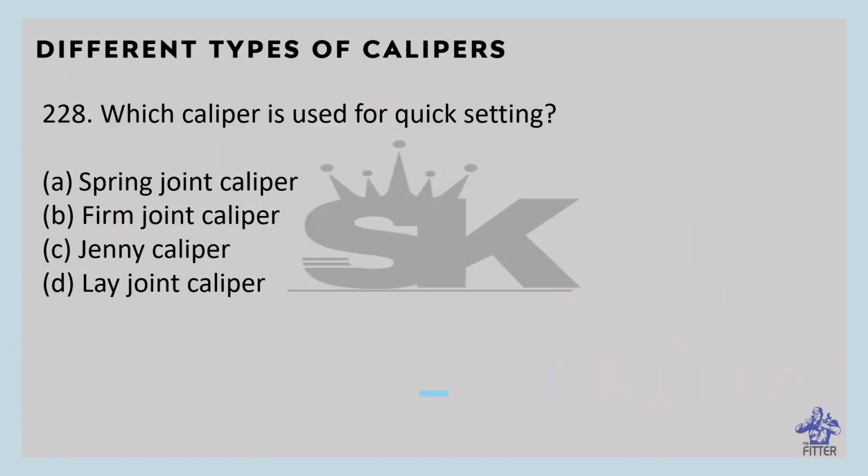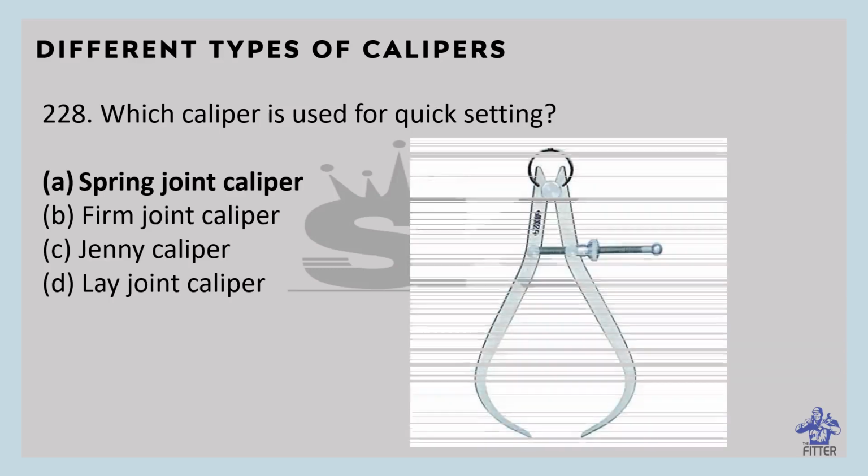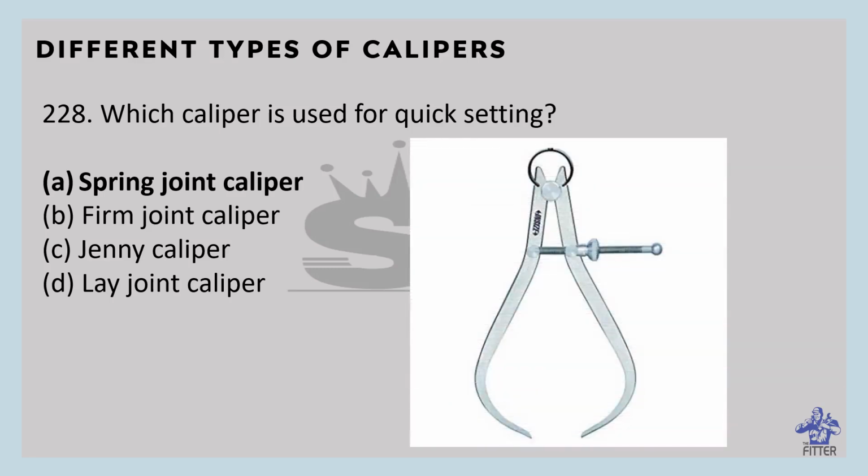Which caliper is used for quick setting? That is spring joint caliper. So this is the spring joint caliper. It is a measuring instrument consisting of two legs and a spring. Here you can observe the ring type of structure, that is the spring.